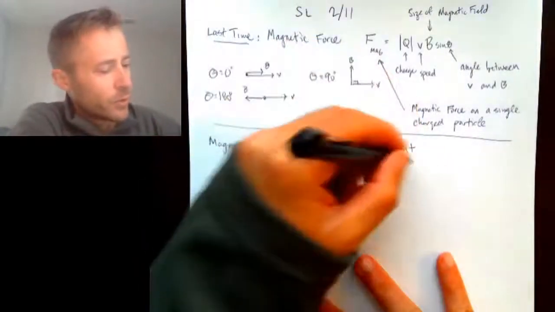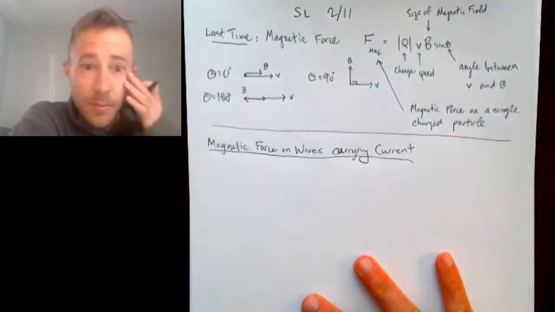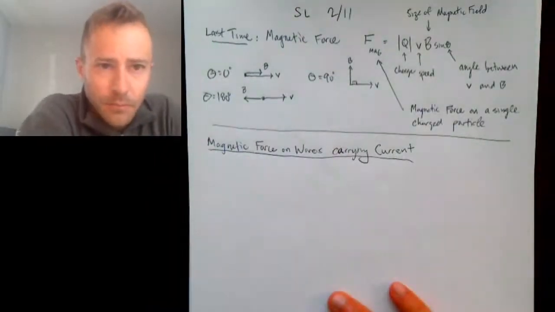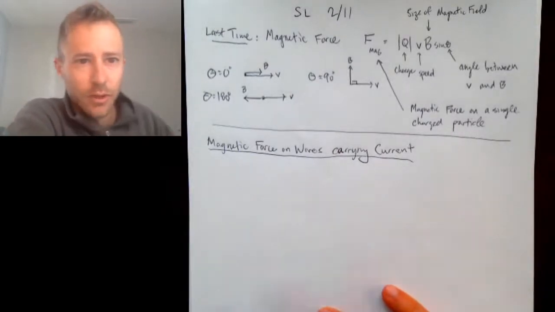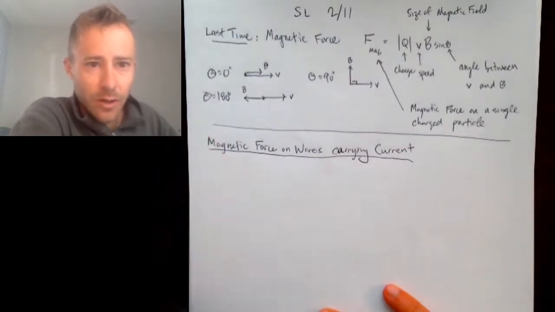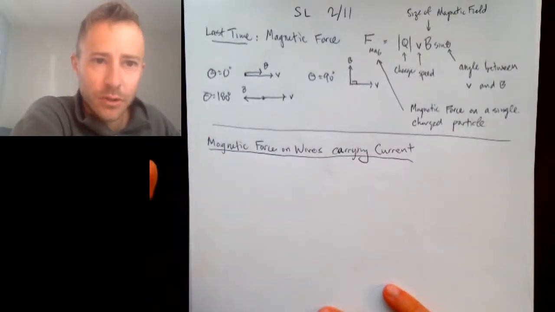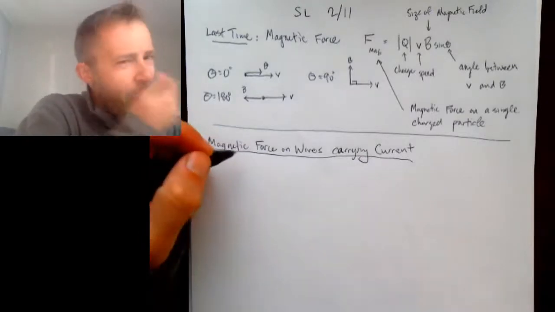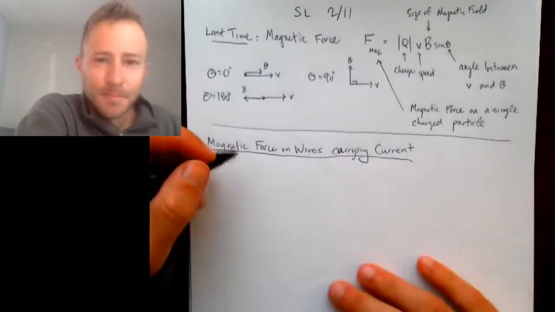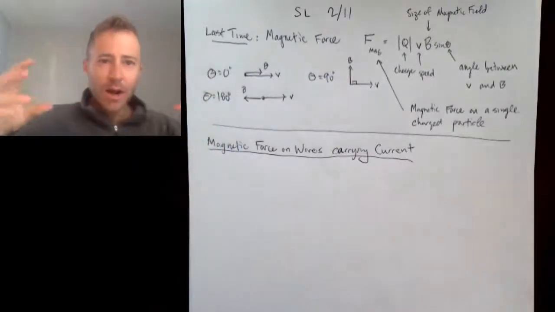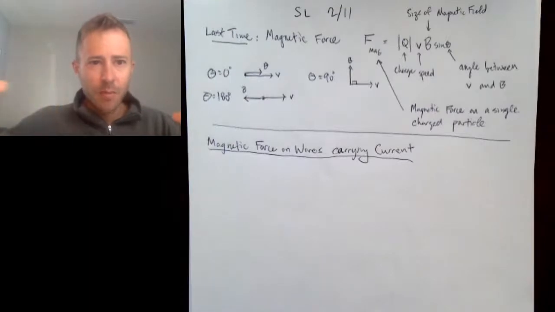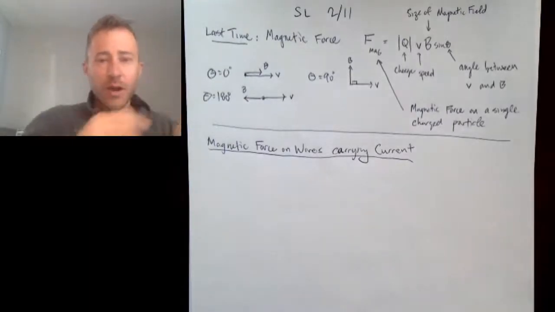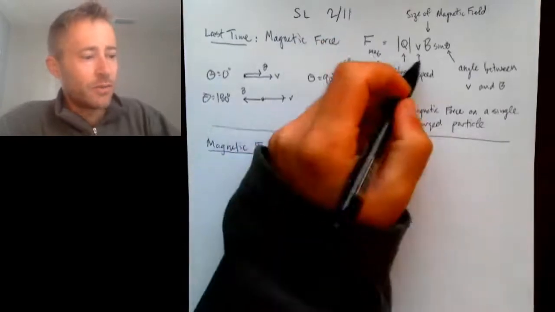If you recall, electric current is the motion of charge. Excuse me. If you have a wire that's carrying current, then that means that electric charge is flowing down the wire, which means that charge has velocity.